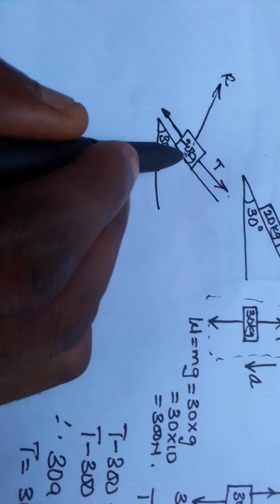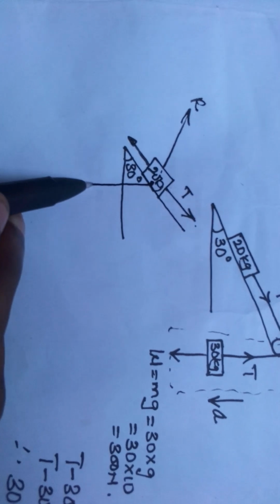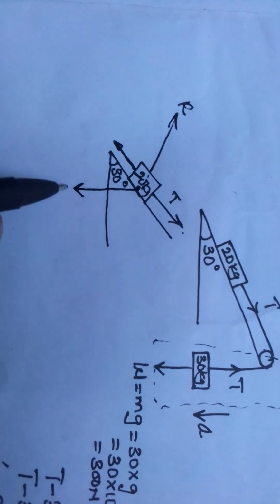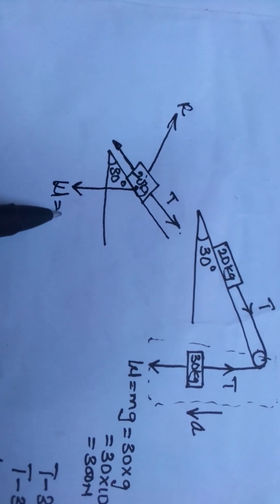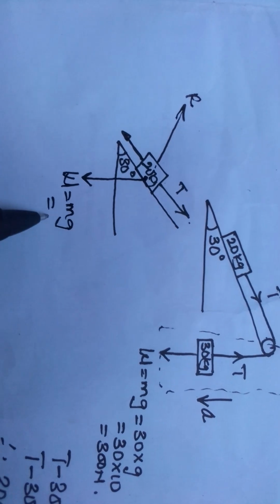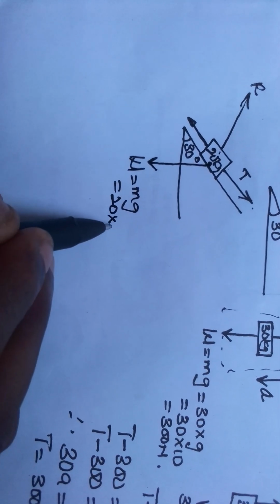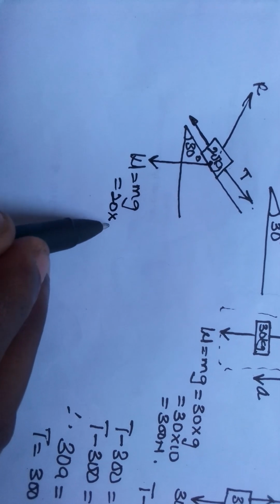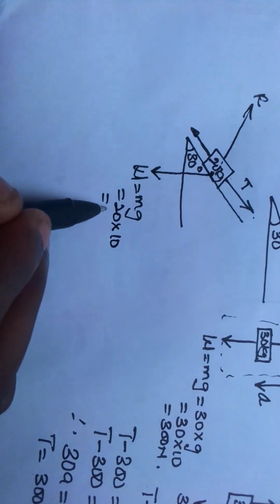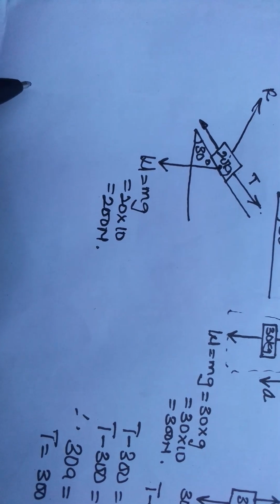Then there is also another force, the weight W, which equals mg. That gives m as 20, so here is 20 times g. Let's say g equals 10. So we have 200 newton trying to balance up the system.